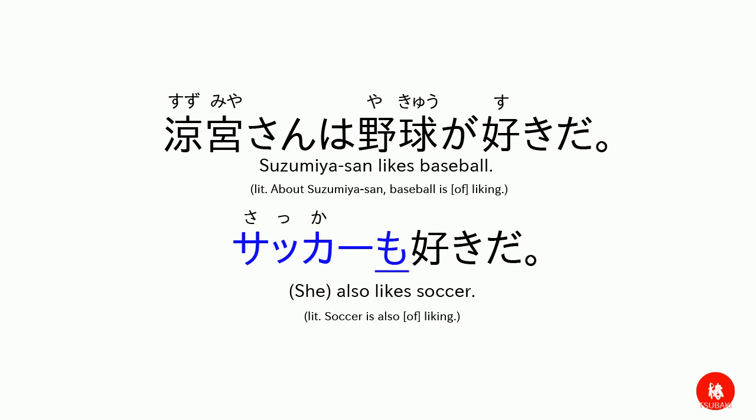So Suzumiya-san wa yakyū ga suki da, sakka mo suki da. Or in this case, you can also say Suzumiya-san wa yakyū mo sakka mo suki da, and that would be joining those two phrases together.